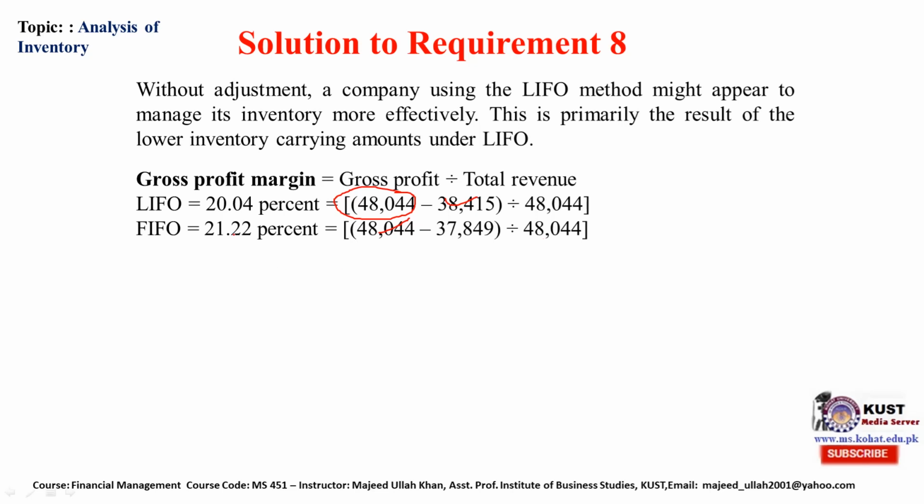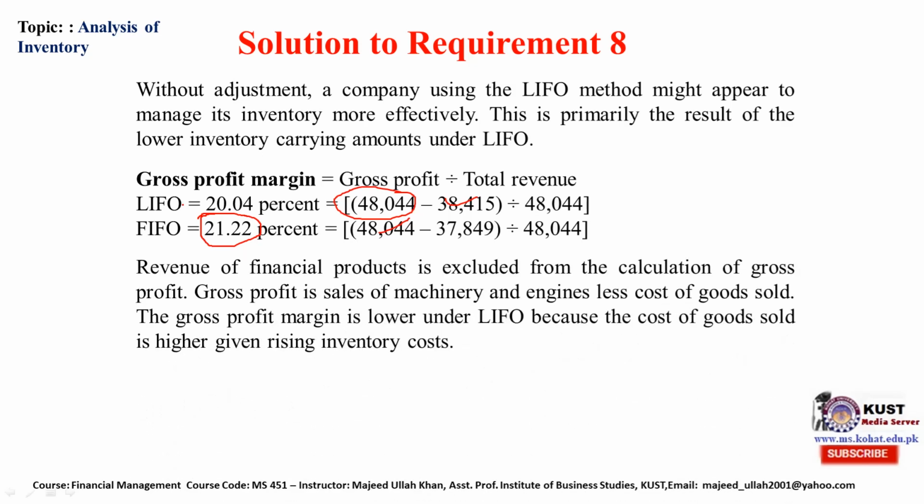So the gross profit margin under FIFO seems better than the LIFO method. Revenue of financial product is excluded in this case because we just calculate it for the machinery and engines sale. So the gross profit margin is lower for LIFO because the cost of goods sold is higher given rising inventory cost.